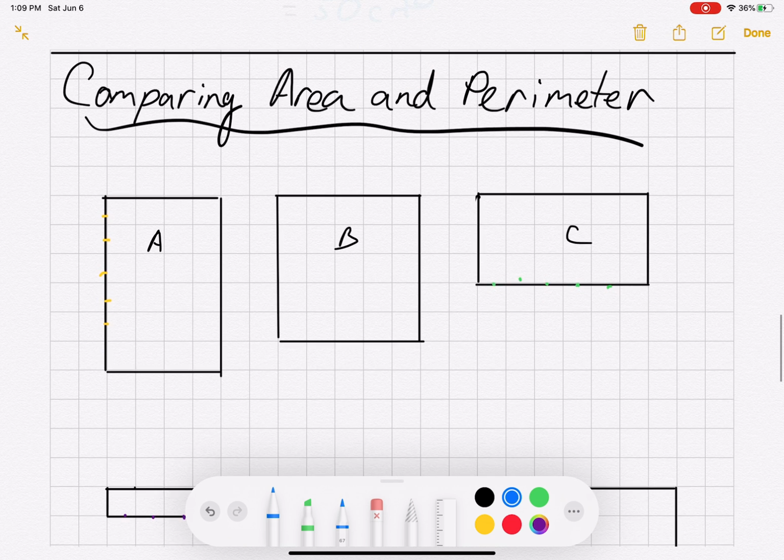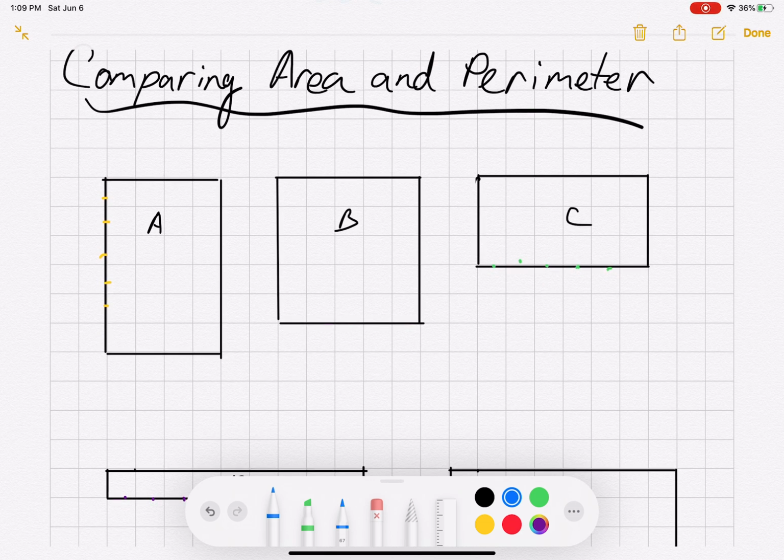All right, this is going to get a little squishy. So now I'm comparing area and perimeter, and if I count the measurement on the outside, 1, 2, 3, 4. So say I'm going to pretend that this is 4 meters, and 1, 2, 3, 4, 5, 6, and this is 6 meters. So to find the area, I'm going to multiply 4 meters times 6, which is going to equal 24 meters.